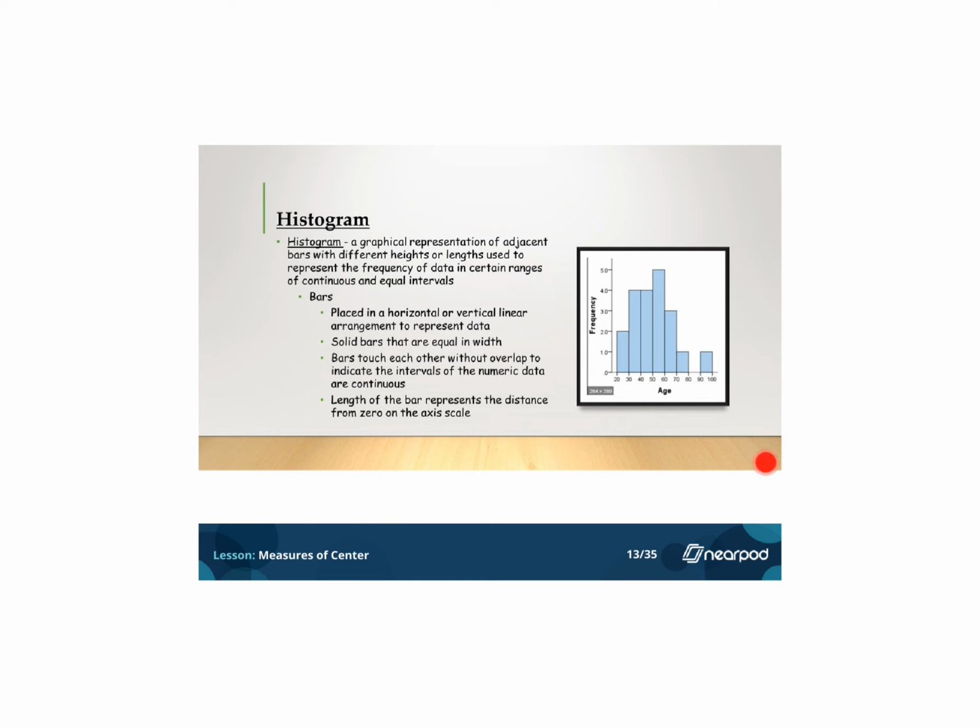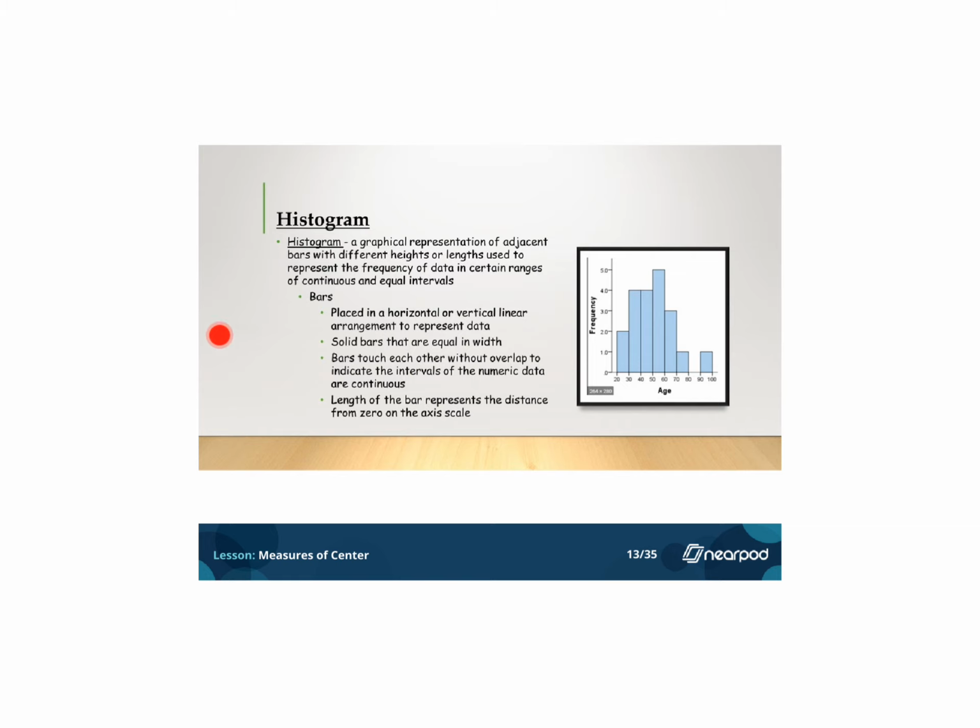This third bar starts at 40, and it could be any number between 40 and 50, and it ends very, very close to 50. Remember, wherever you start, where it ends is very, very close to that next number.